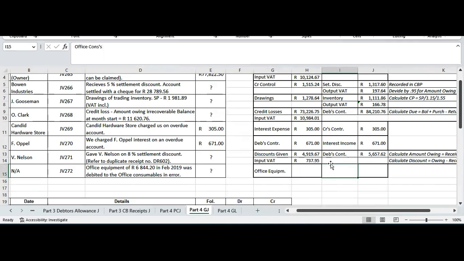It should have been debited to office equipment, yes, but it was debited to office consumables. So we want to fix that, and that transaction must actually disappear from office consumables. It must be made to naught. So if office consumables was debited in that month, now it is credited. We put in that amount.